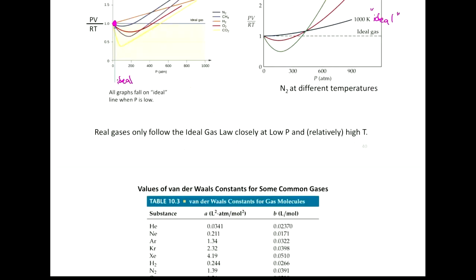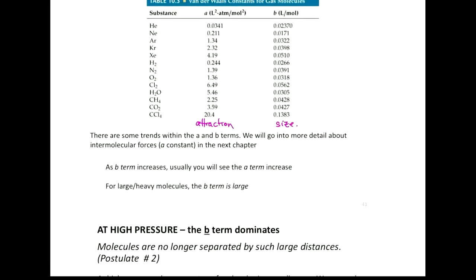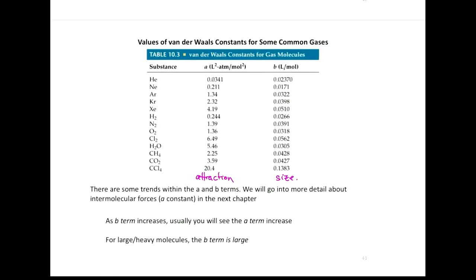All right, so those are examples of our deviations from the ideal gas law. Now, if you look closer at the van der Waals equation, we have these A and B terms within there that we use to adjust. The A term is related to attractions, which we'll talk about in chapter 11, and the B term is related to size.